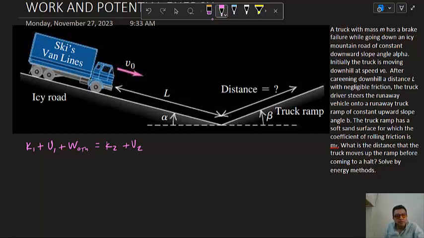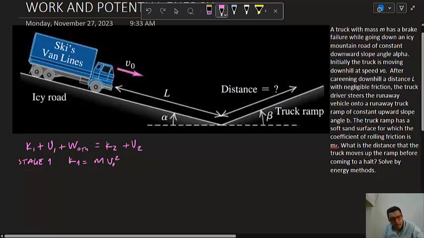But for the first stage, the kinetic energy 1 is a simple one because we have everything: the mass, velocity v0, and we complete the whole formula.